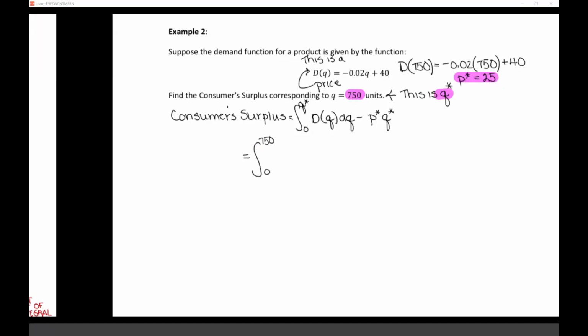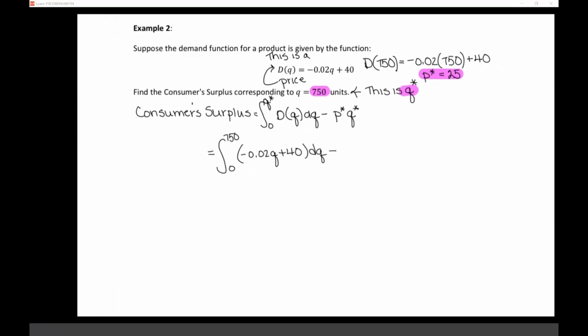Then I put in my demand equation, which is negative 0.02 Q plus 40 dQ. Then I'm going to subtract P star times Q star. So that's 25 times 750. All right, so there it is with everything plugged in.